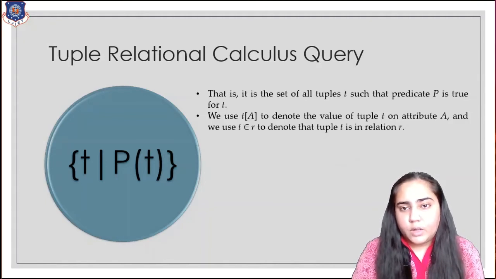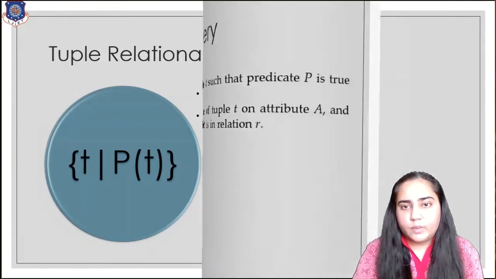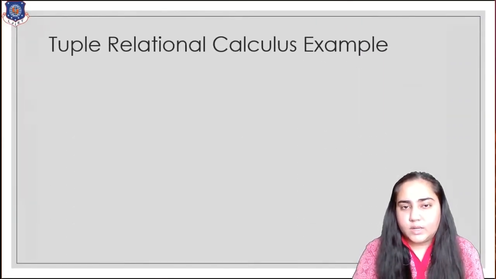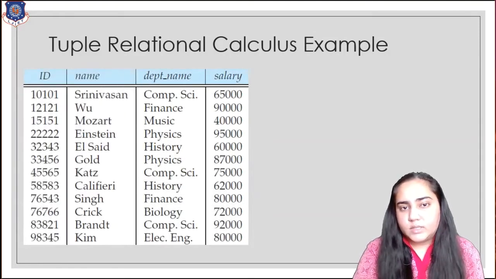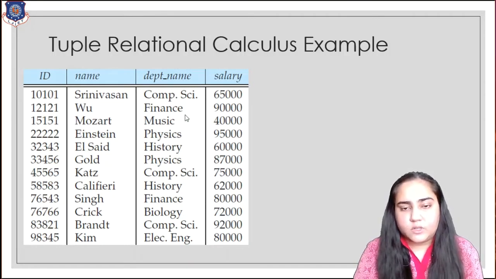Now for knowing this better, I would recommend an example. So let us see an example of such a query. Consider this table. This is an instructor table which contains details of several instructors, their IDs and names and their department names and their salaries.